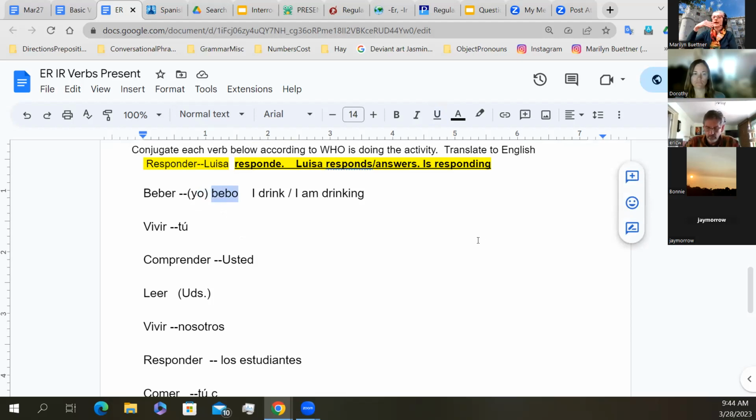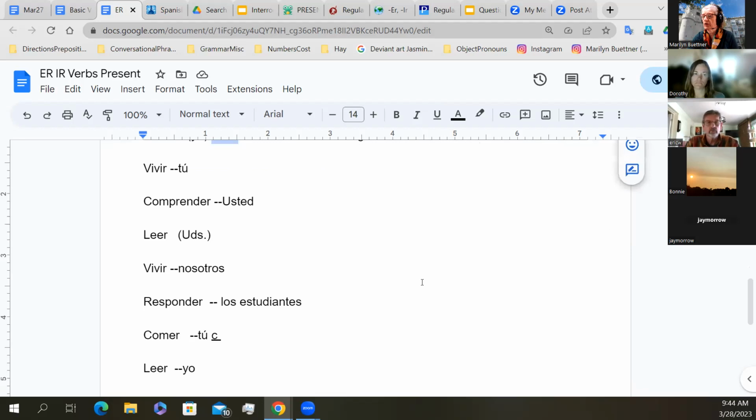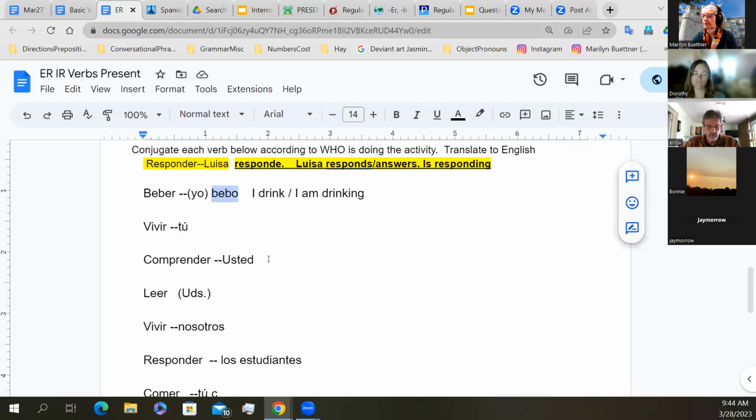It already automatically tells you this is the only form that goes, it only matches up with the subject of yo. All right. So because the yo is made obvious by the verb itself, they drop that word yo as a general practice.